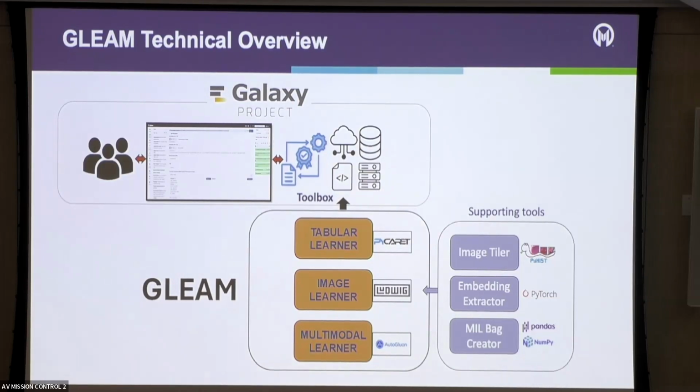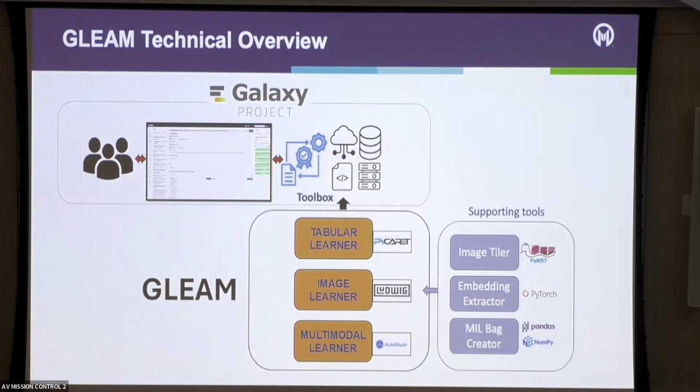Here on your right, you're seeing some supporting tools because we figured out that some researchers work with digital pathology and they need some pre-processing on their data sets for the image before they can input them to GLIM. So that's why we have also shipped these supporting tools along with GLIM.